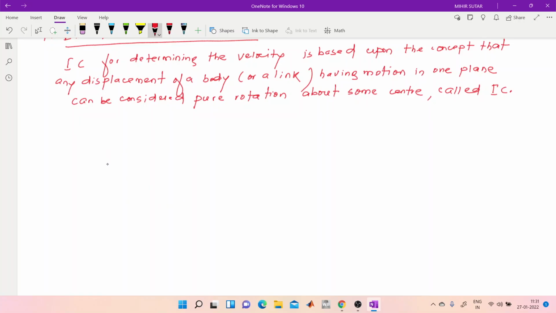Consider two points A and B on a rigid link.